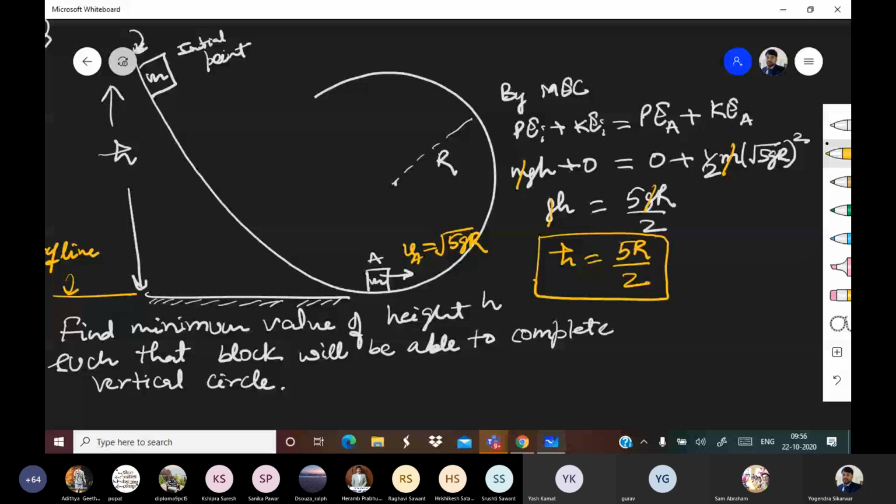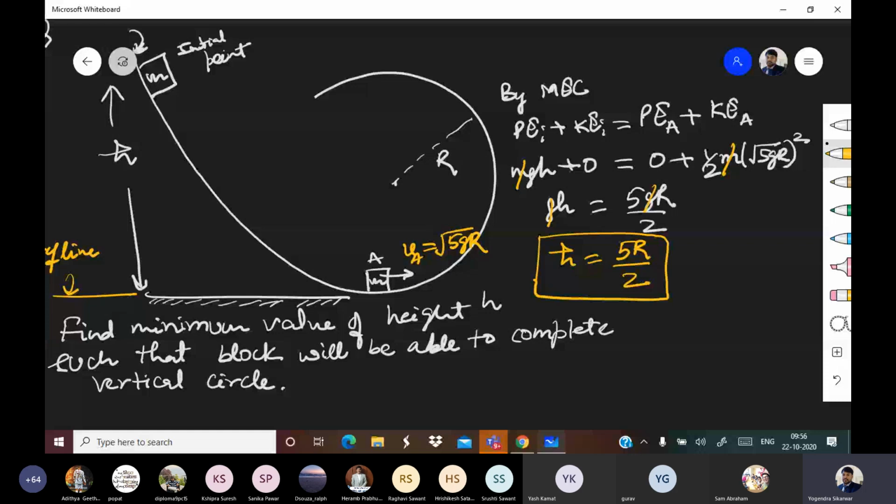Understood, everyone? Any doubt, any question? Will you please explain again? What I am saying is that when you release the object from the initial point, it will slide down and reach point A, correct? If at point A its velocity is root 5 gr, then it will be able to complete the vertical circle. We know that.